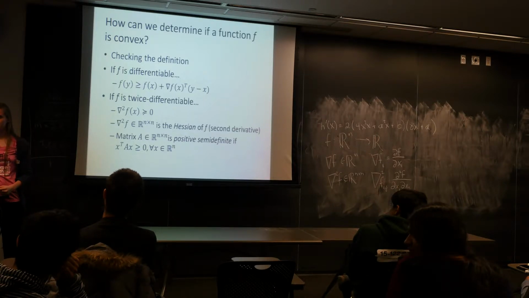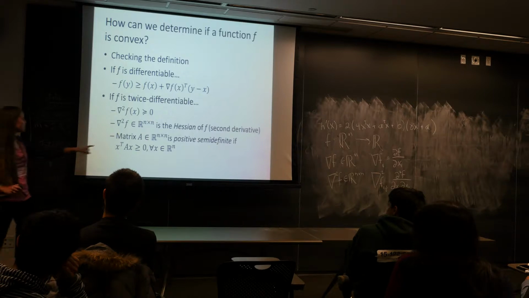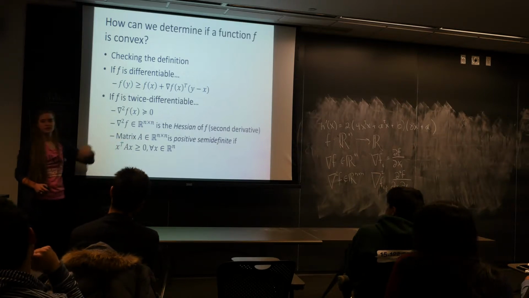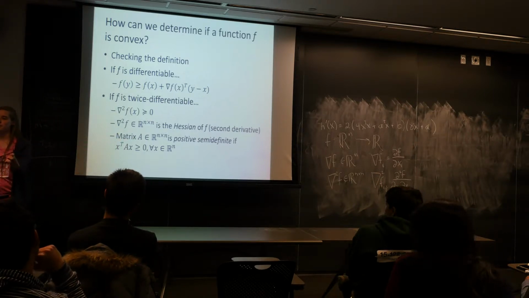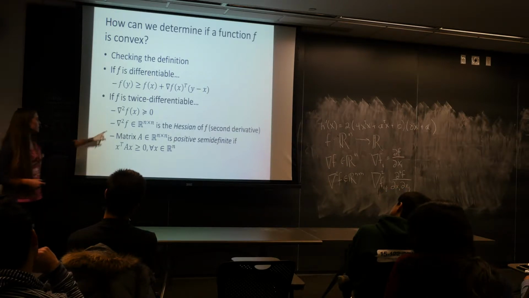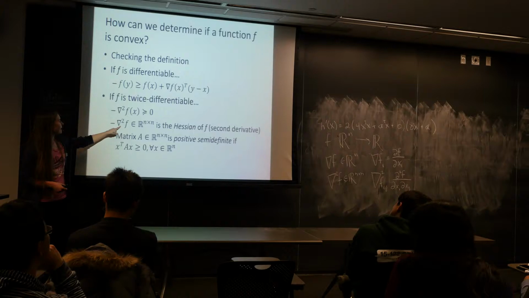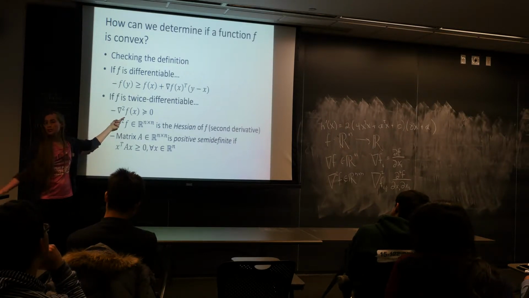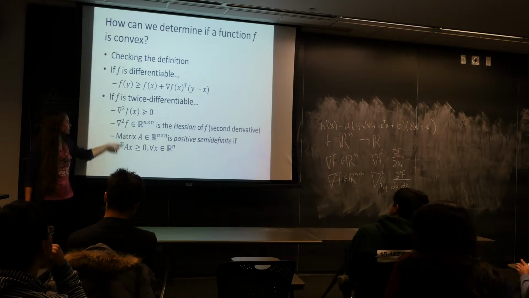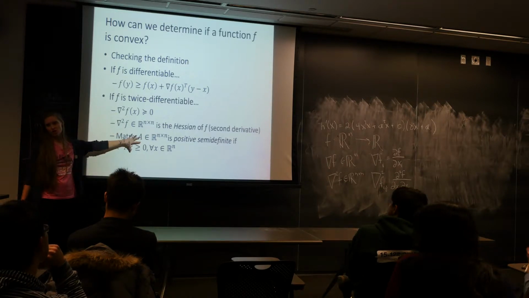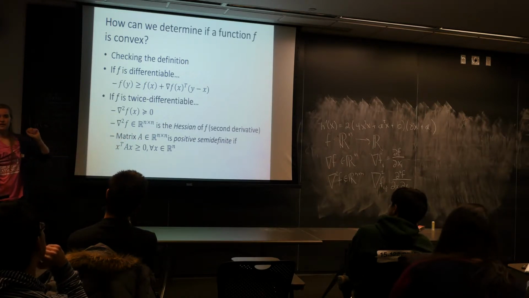Where does this matrix A come from? Oh, here I'm just introducing A to give you the definition of positive semi-definite. What you would be checking is whether this Hessian is positive semi-definite, so you would just substitute it in, but this is the general definition of positive semi-definite.